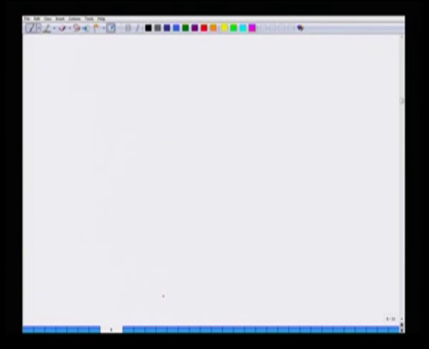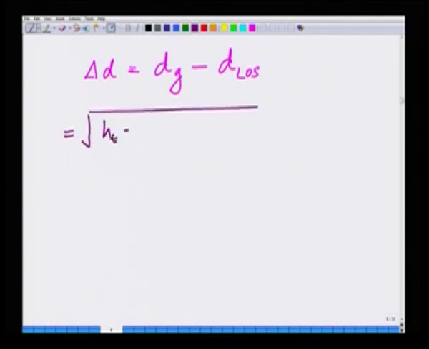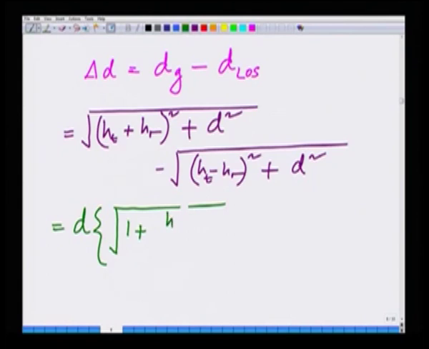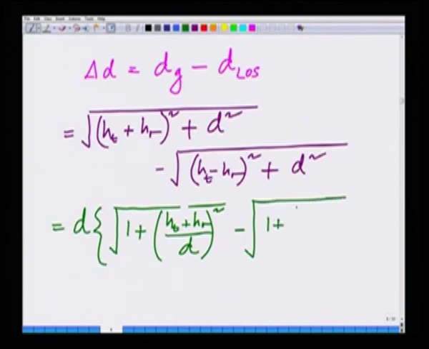Hence, what I have net is essentially delta d equals dg minus dLOS, which is basically square root of ht plus hr whole square plus d square minus square root of ht minus hr whole square plus d square, which, if I take d common outside, is d times square root of 1 plus ht plus hr by d whole square, minus square root of 1 plus ht minus hr by d whole square.